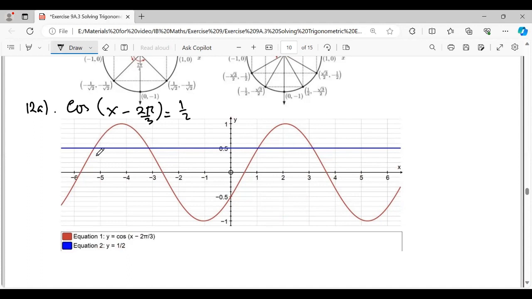And look, there are four intercept points between this graph and this straight line.